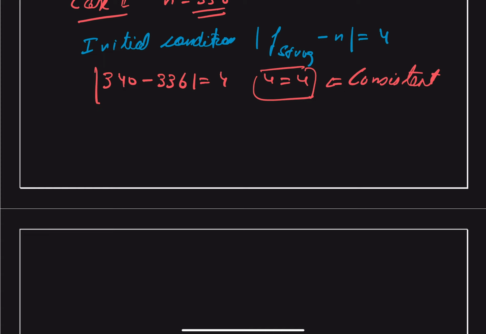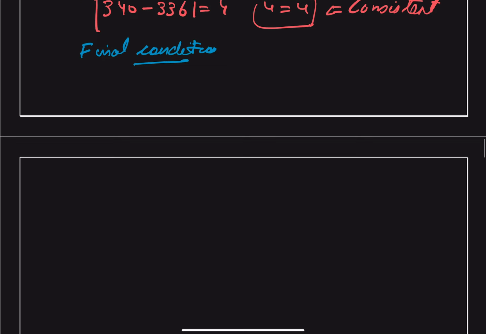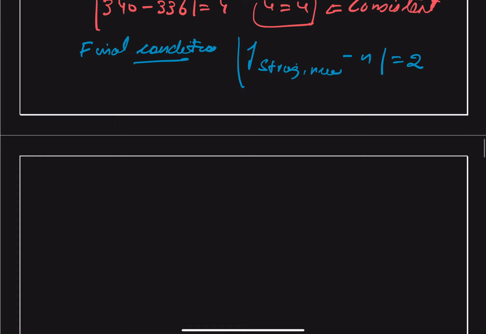Now let us check for the after increased tension. This was our initial condition. Now let us do the same thing for the final condition. Final condition means when the tension has been increased. So for the final condition, the equation is f string new minus n, and the beats are given as 2.